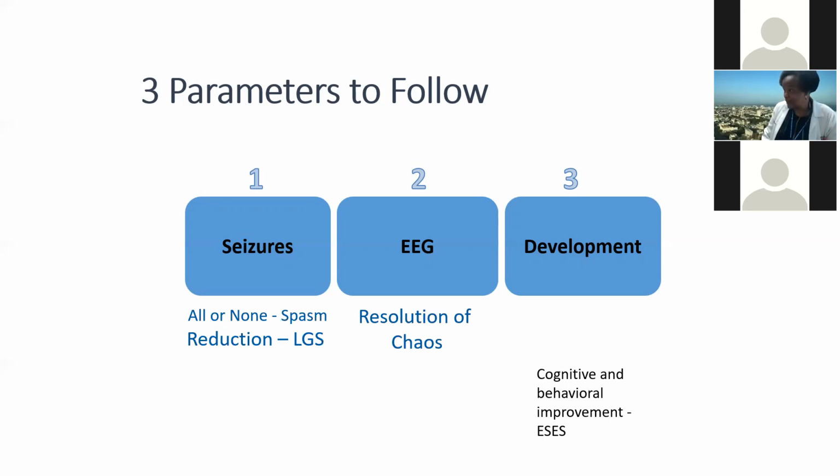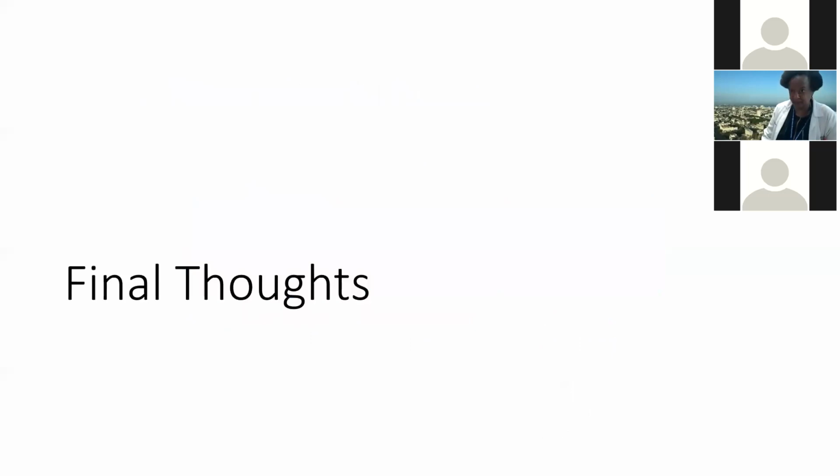And then the development is the part that is typically more difficult to assess, because the neurodevelopmental tools that we have are very variable across different age groups, and they have limitations in how much the patient is able to communicate for you to be able to assess it. So it comes down typically to the opinion of the parents and the opinion of the physician, but we need to do better than that. Okay, so it's really the aspect of the treatment that is not easy to evaluate.